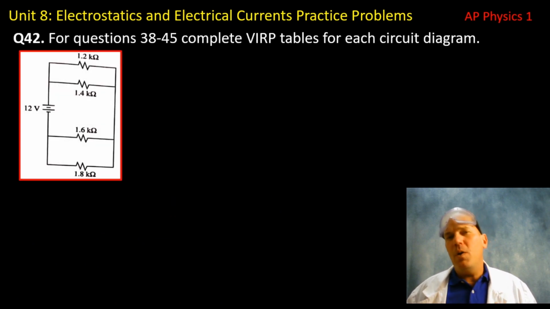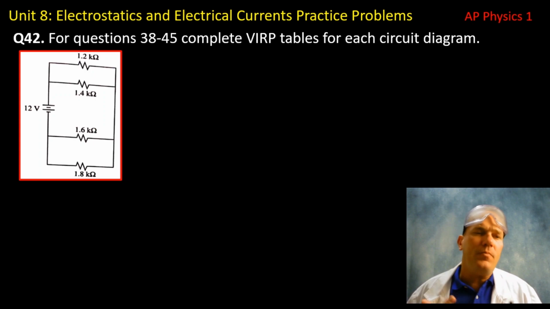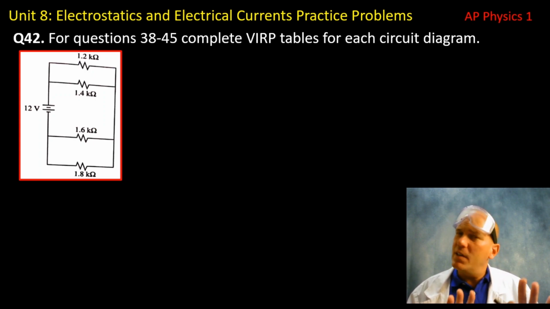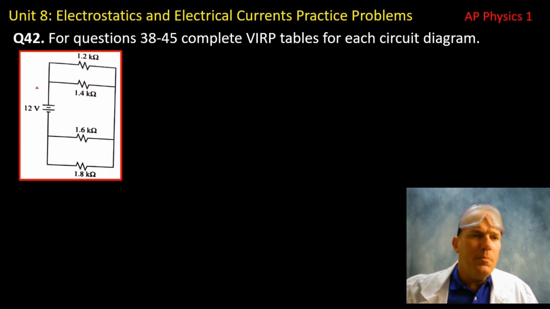Okay, question 42. We have a very interesting circuit. This one is a little different. So it's important for this one for you to look at where the current's going. So current's going this way, which means it will have a junction or a split that will occur.